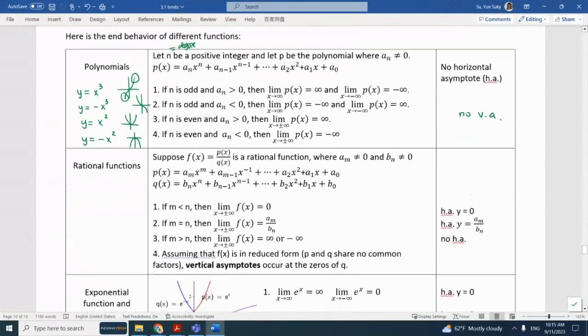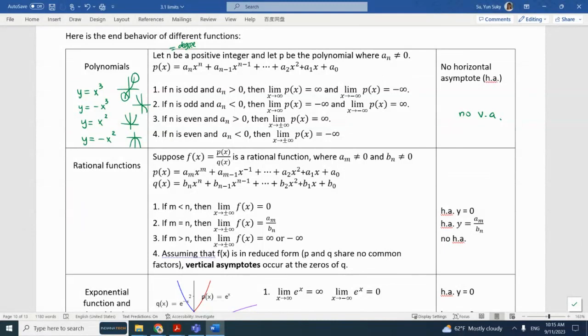Continue, rational functions. So for a rational function, you have the numerator and you have the denominator. Okay, let's look at this. Here, m is the degree of the numerator. n is the degree of the denominator.